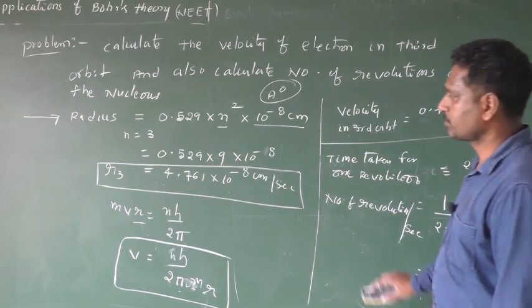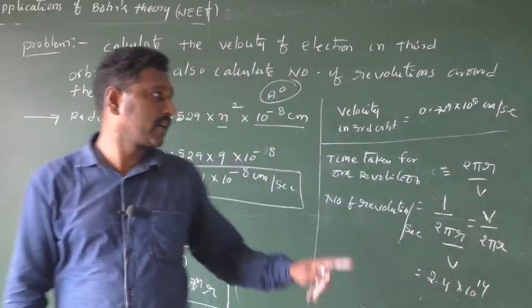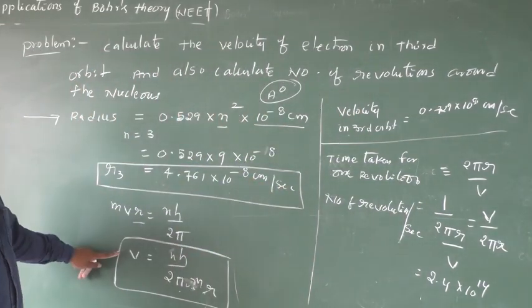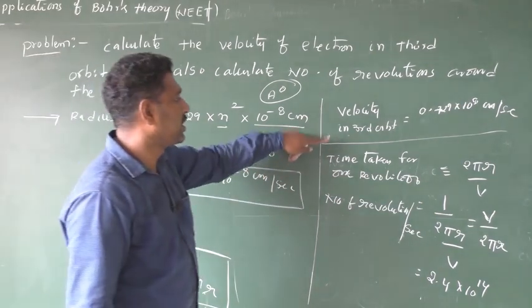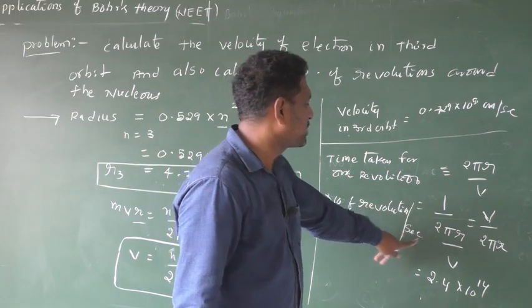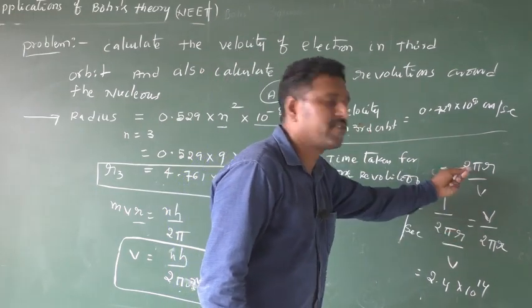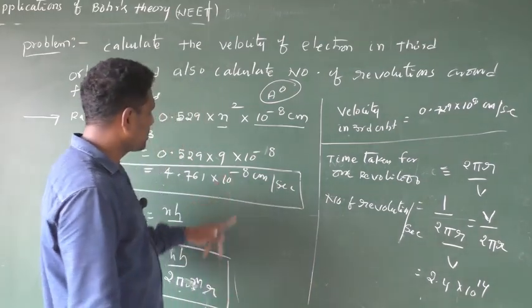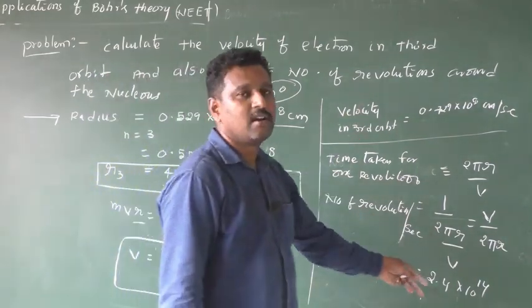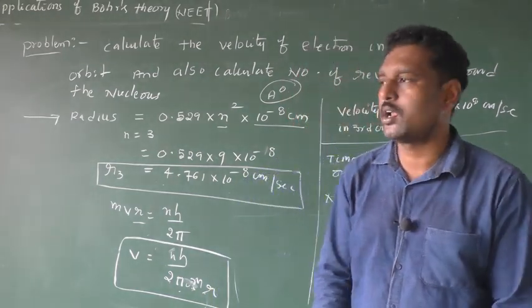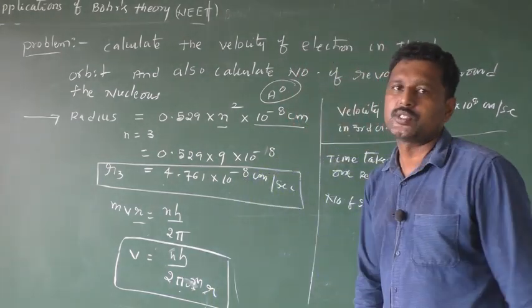For the third orbit, first find the third orbit radius. After that, find the velocity in the third orbit. Then the time taken for one revolution, 2 pi r by v, and number of revolutions per second, v by 2 pi r. You just have to calculate radius and velocity, and you can find all the values. Remaining all are constant values.